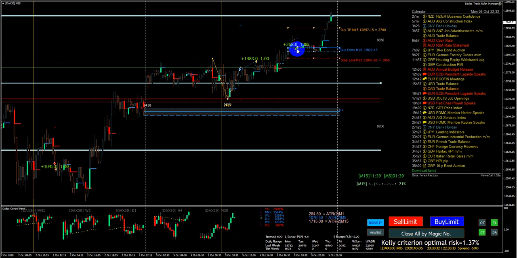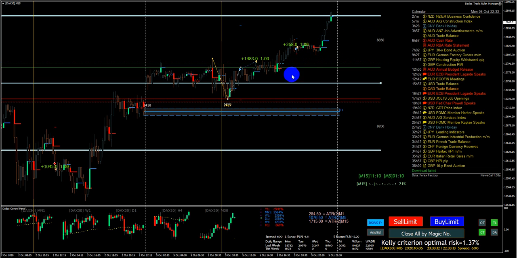Now, we clearly see that the market went dead again for another 10 M15 candles, at least another 2.5 hours, and then all of a sudden it started going up. And in the next hour and 15 minutes or so, it went all the way up there.